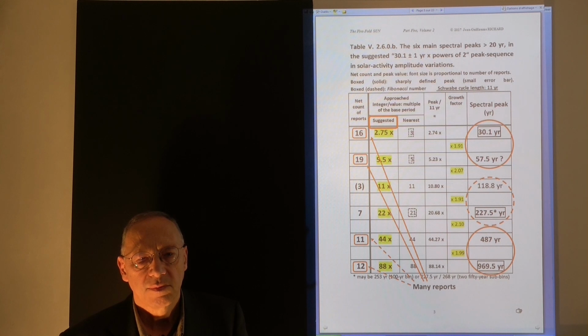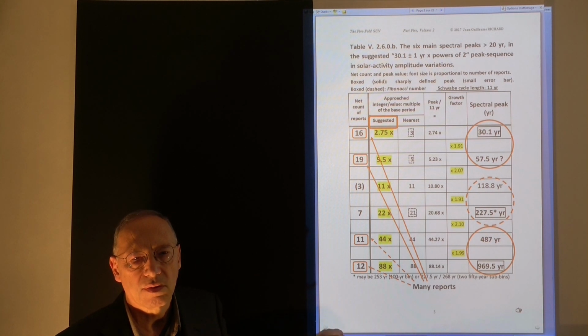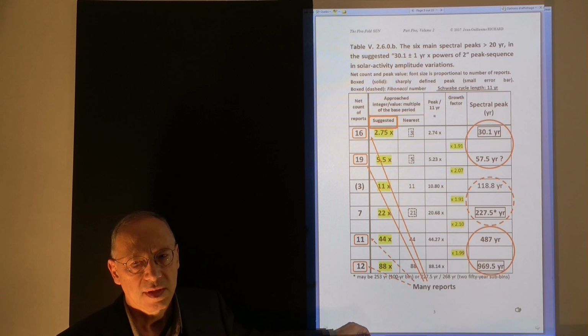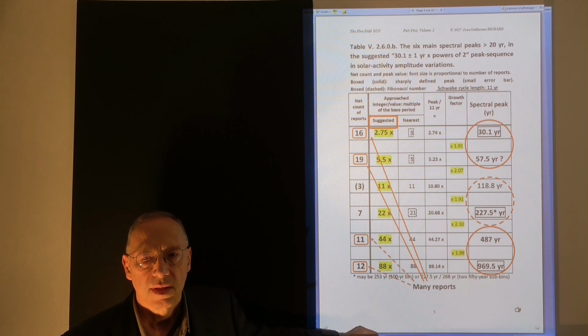As you remember from an earlier video, the base period is a so-called 3-cycle, which is actually detected unambiguously in poloidal as opposed to toroidal solar activity variations, whereas the other lengths that are shown in this table do not rest on especially poloidal evidence, except perhaps this one.